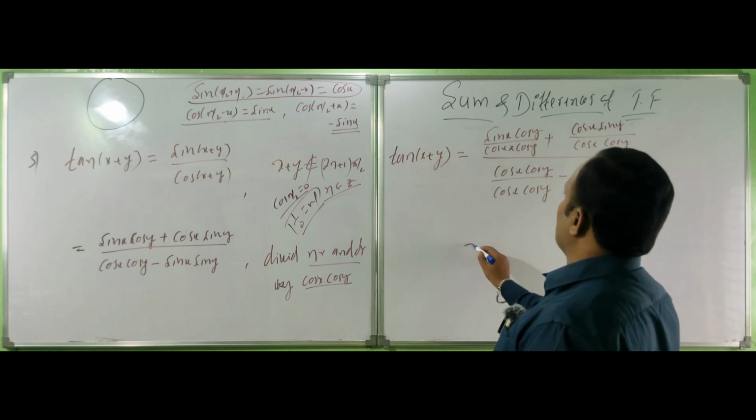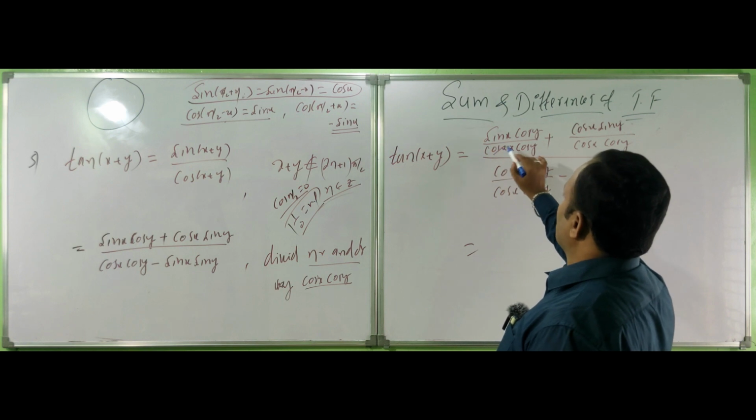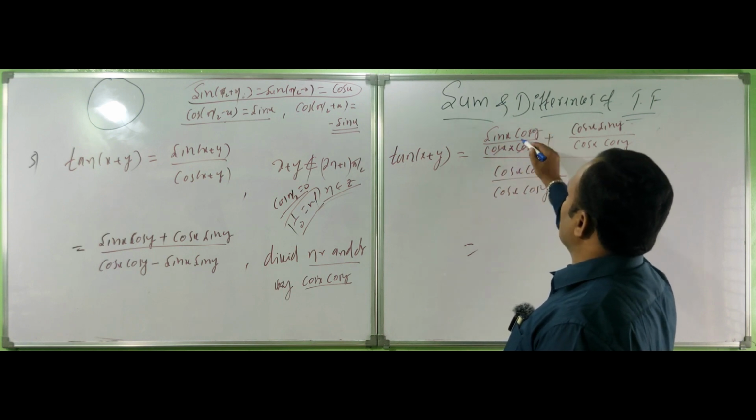Then directly we can write that cos y gets cancelled.